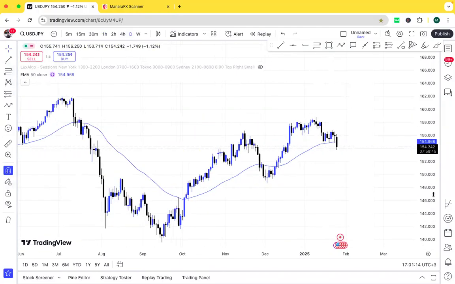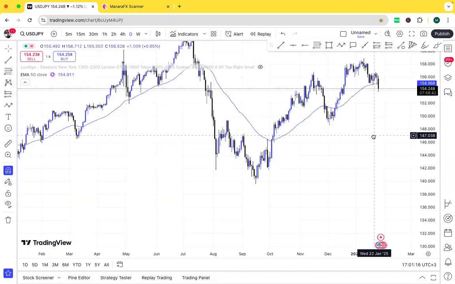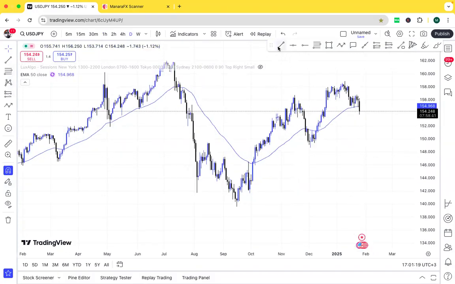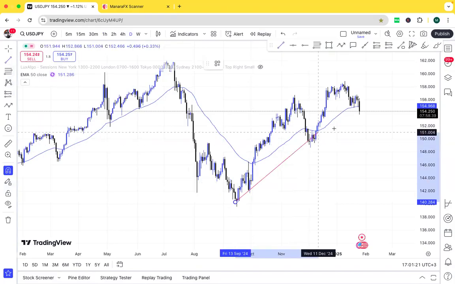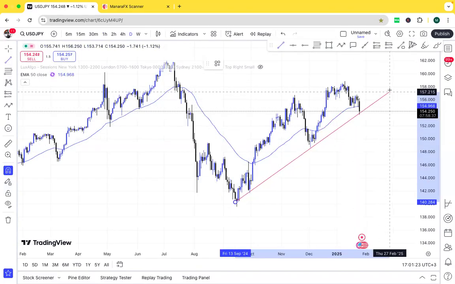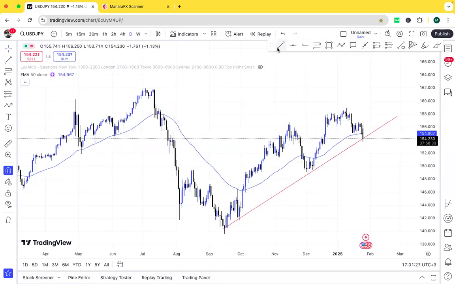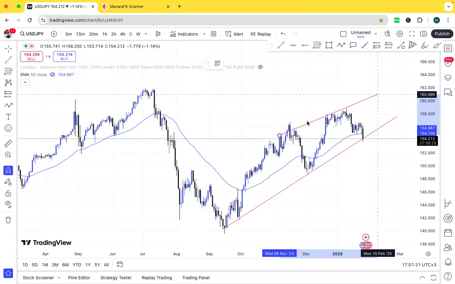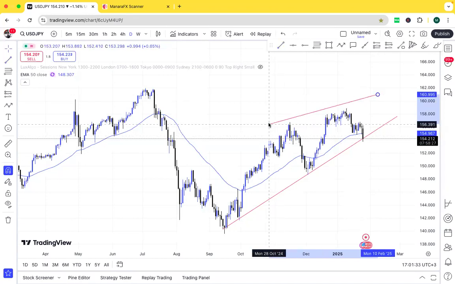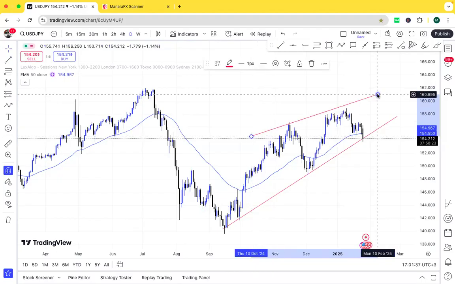So on the daily time frame, what am I seeing? I can see moves like these ones, and a move like this one here, failing to create a new high.